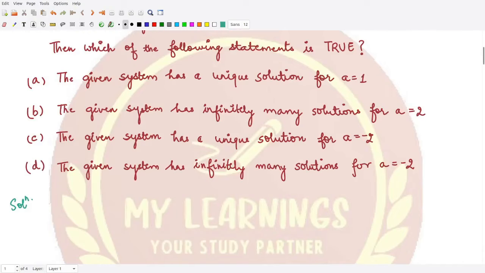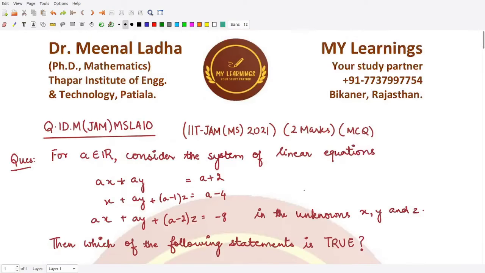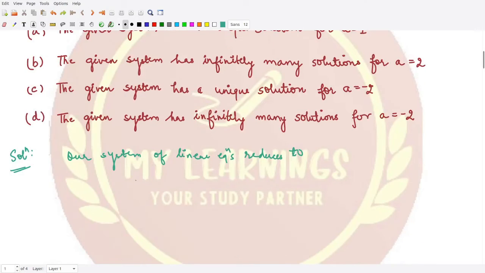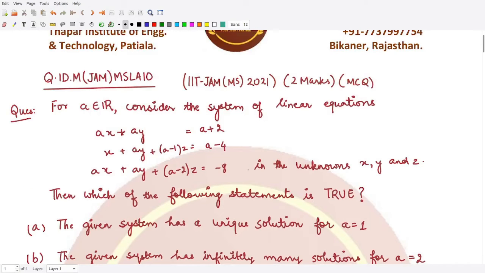For the solution, our system of linear equations reduces to the following form. For the unknowns it is a, a, and for z it is 0, and the right hand side is a plus 2.